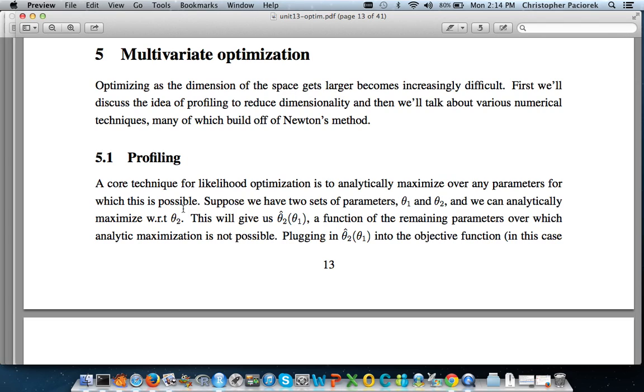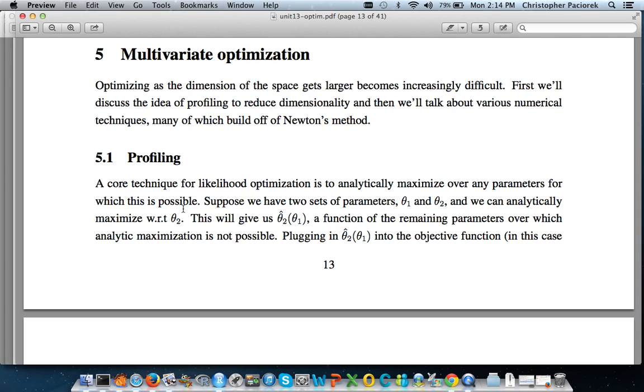I pick a value of theta 1 and I do this one-dimensional maximization. Of course, if I were doing this more generally, this would be a higher dimensional maximization. I say, oh, okay, that's the maximum there. And then I do it for another value of theta 1, and I say, oh, that's the maximum there, and I continue onwards. If I do this for every value of theta 1, then I have this curve, which is basically the profile likelihood.